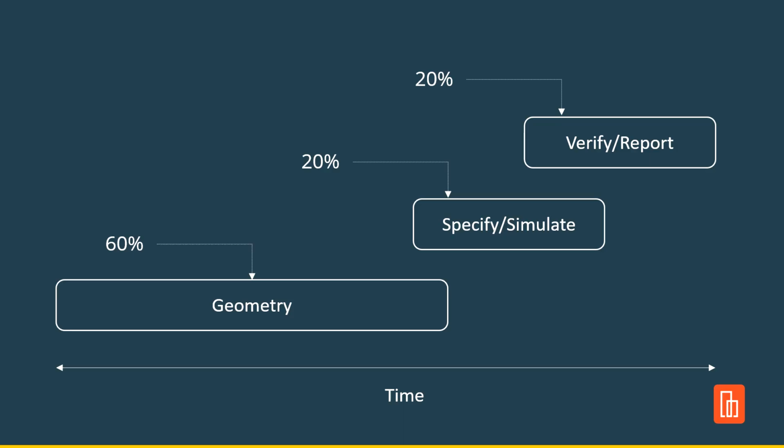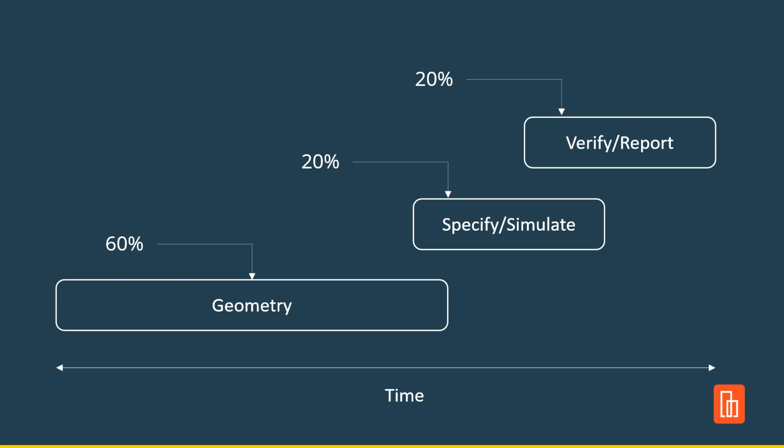The geometry takes 60%, the specification and simulation only takes 20%, and the verification and report only takes 20%. So whether you agree or not with that, that's kind of what the experience is on the platform at the moment. What it says is that the biggest effort is geometry, specification and simulation is easy, and as is verification and reporting.